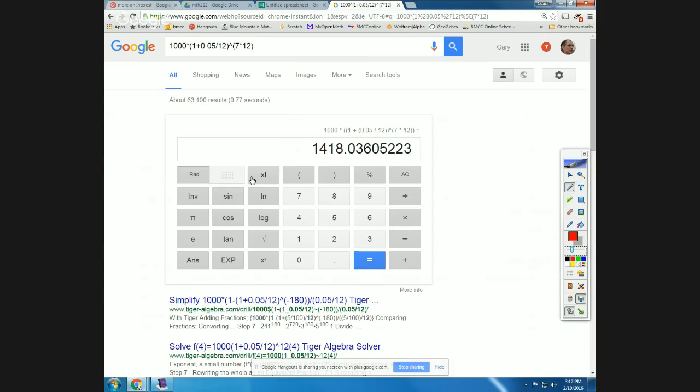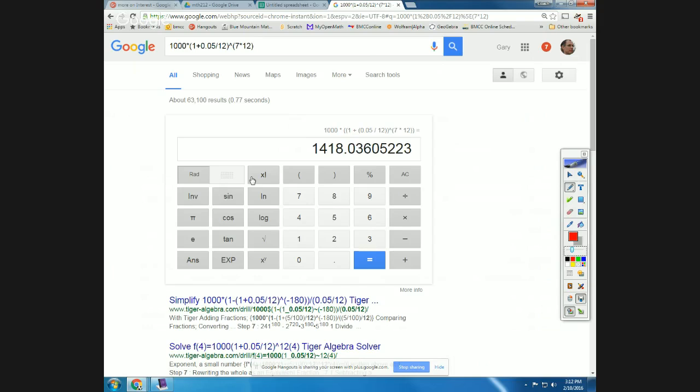Okay, give me a calculator, let me see. You have the same kind of calculator, don't you? Okay, so you have parentheses, so I think we can do it. So 1,000 times parentheses 1 plus 0.05 over 12, close parentheses, raised to the power of parentheses, 12 times 7, close parentheses.